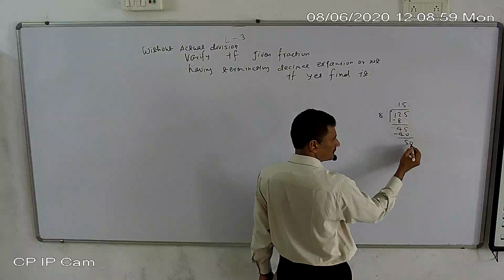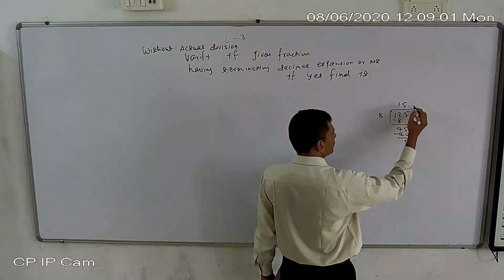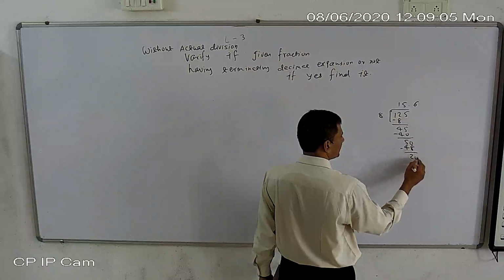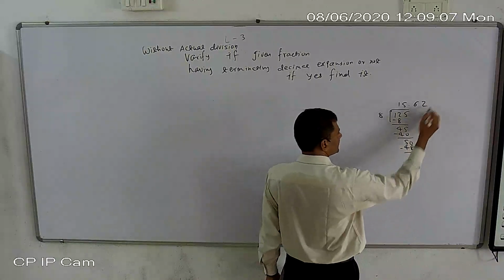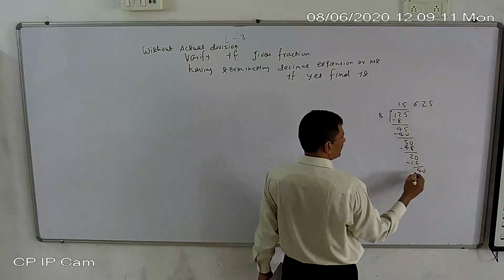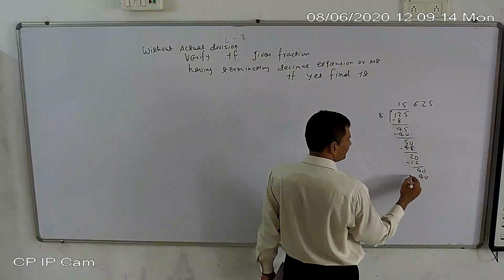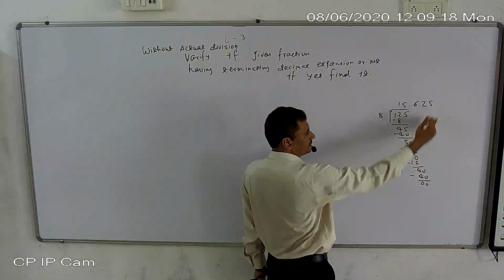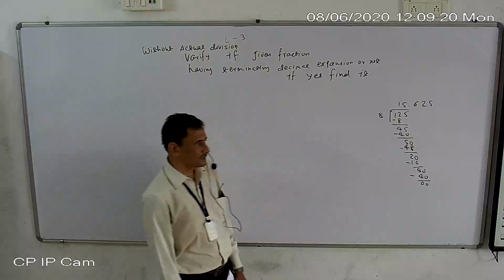Now an extra 0 is placed here. Now 8 6s are 48, 2 left. Now 8 2s are 16, 4. 8 5s are 40. So this division terminates here. We got remainder 0.